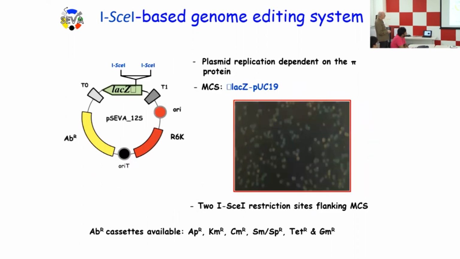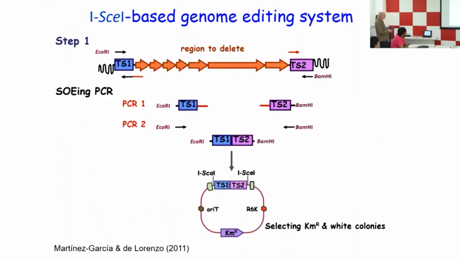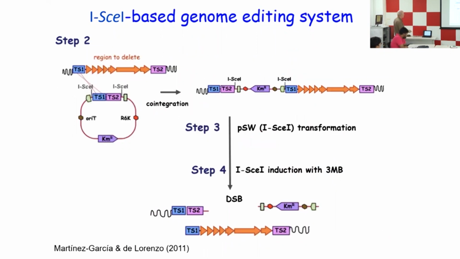If you remember some of the slides, you generate a cointegrate between a donor plasmid and the chromosome, and in the donor plasmid you have created a segment of DNA that has homology to the ends of the DNA segment that you want to delete. Then by first making a cointegrate and then resolving the cointegration, at the end you may delete an entire chunk of DNA that is in between.